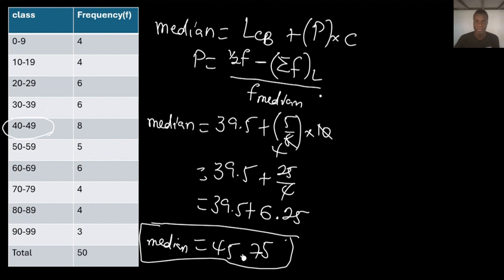That's the proportion. You find that proportion, then multiply by the class size, and you'll be able to find your value. That's how to find the median for data type 3.